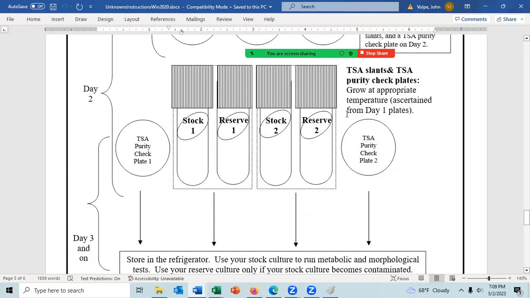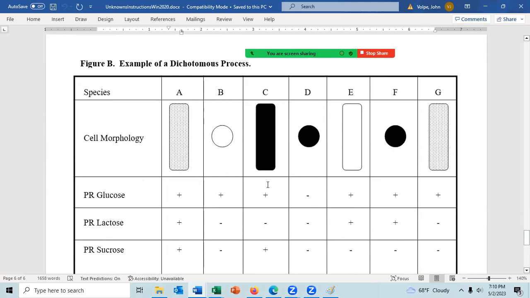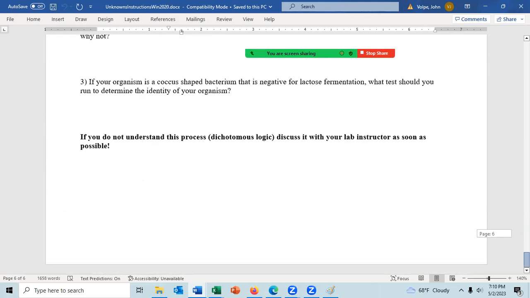And then we streaked it out twice to get a pure culture, meaning we streaked it out for colony isolation 2 times. And then we set up the stock culture. And I'm just going to assume you're given the stock culture to start with. And then you don't need to do the dichotomous procedure, but if you're a little bit confused about the dichotomous procedure, you can work through this. Okay, you don't need to answer those questions either.